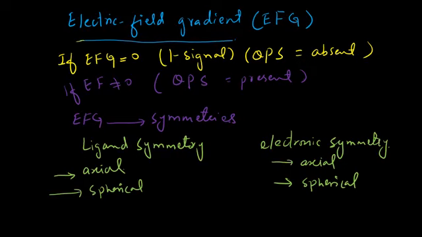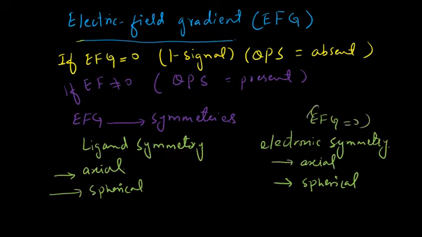Now I will tell you when the ligand and electronic symmetries are axial and when these are spherical. When both symmetries are spherical, in that case, the electric field gradient is equal to 0.